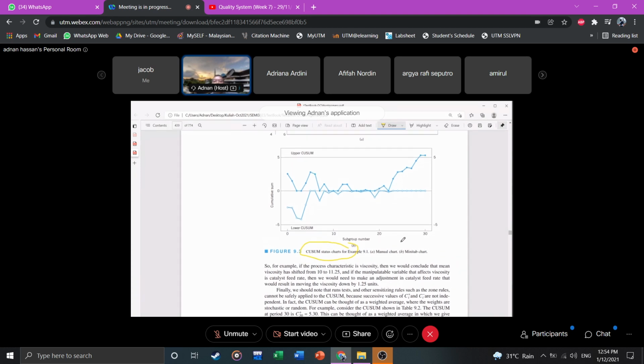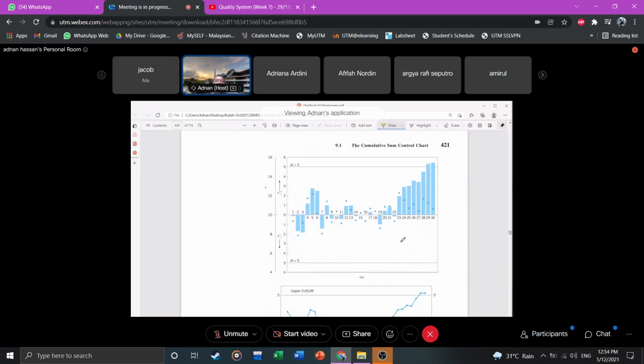In the manual plot, we can see C plus and C minus. These are the C values, up and down. This H is like a control limit. We can set the H that we want to detect.